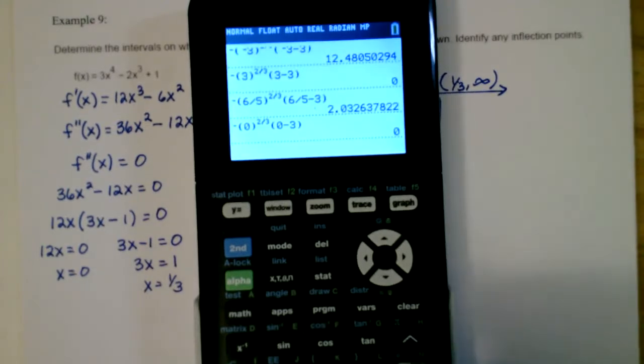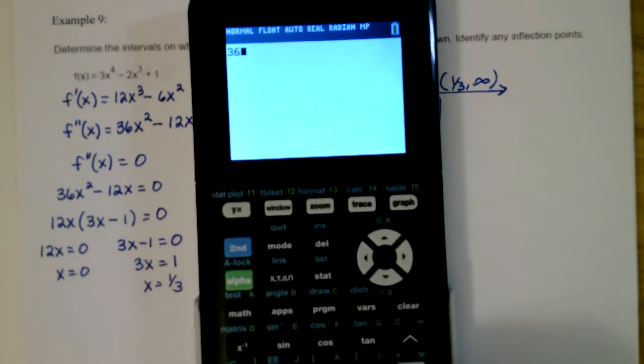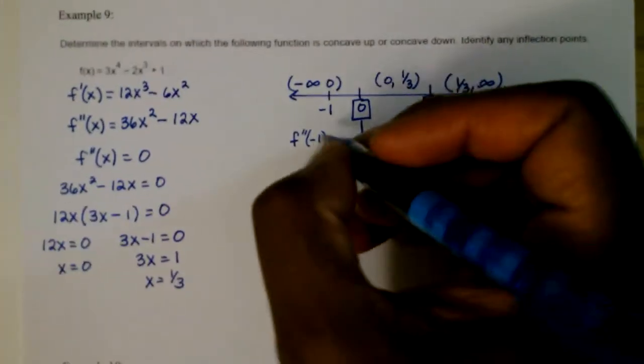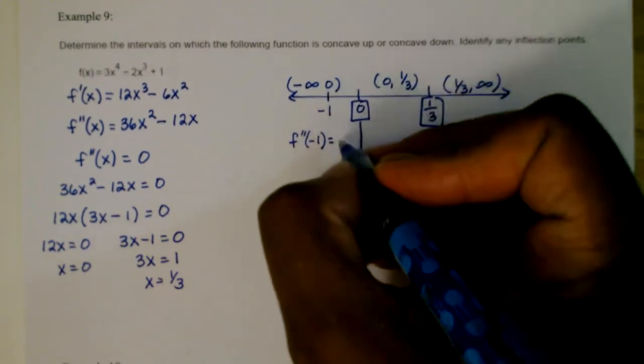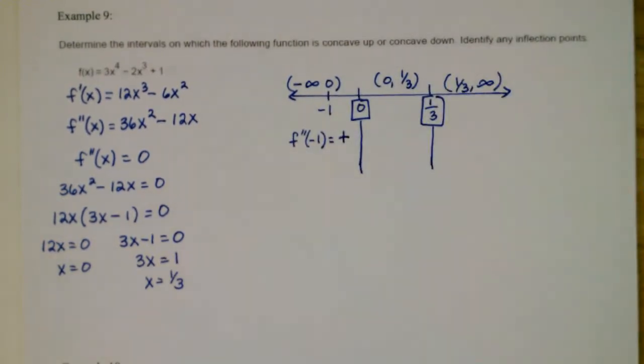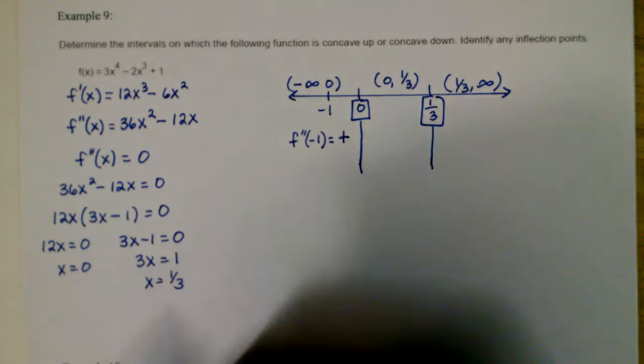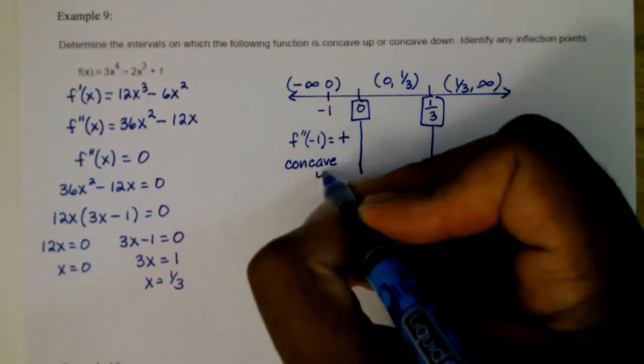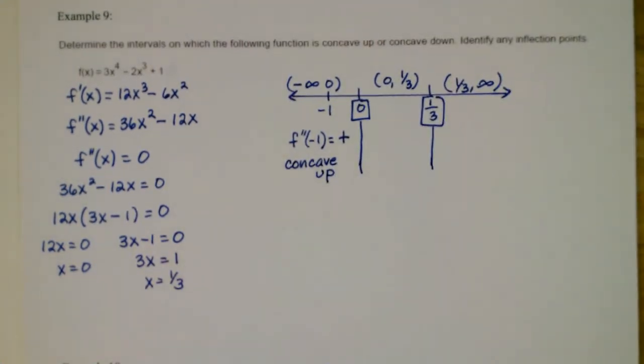I have to use my calculator for this one. 36, then left parenthesis -1, close parenthesis, and then square it. Minus 12 times -1, close parenthesis. Here I get 48, a positive 48. So for negative infinity to 0, I'm going to get values for f double prime of x that will be positive. So the graph will be concave up because f double prime was positive.